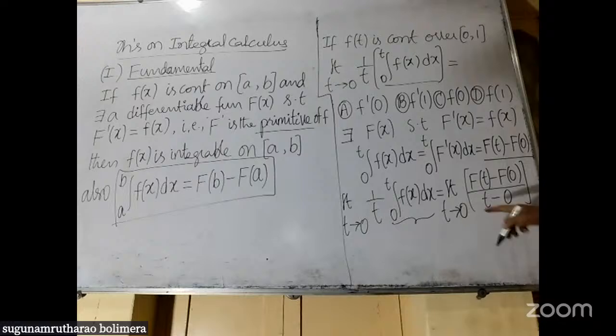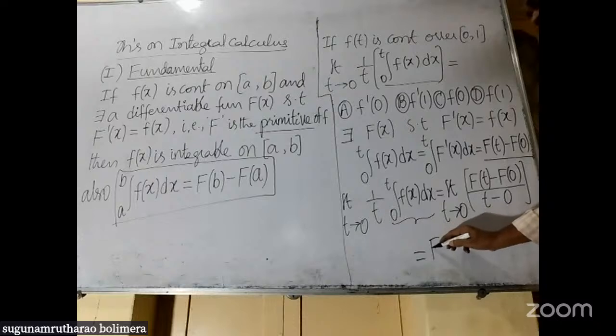Limit t tends to 0, capital F of t minus capital F of 0 by t minus 0. While we have discussed the formulas of differentiation, you might have noted that this is nothing but capital F dash of 0.